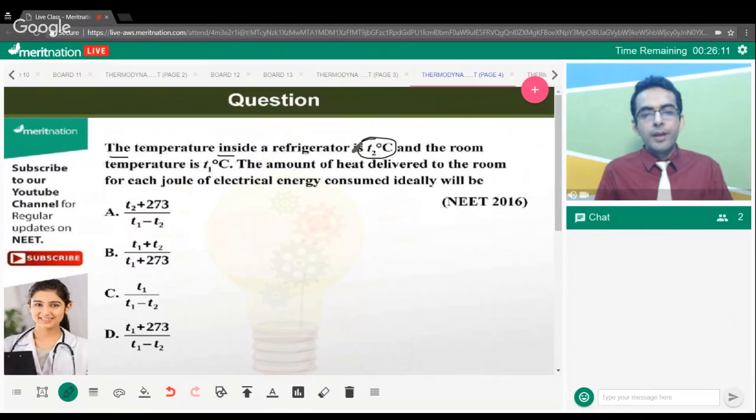So remember, whatever is placed inside the refrigerator, its temperature has to be decreased, like the case I told you of the diagram. So the sink is the temperature of the sink, and the room temperature is t1 degrees Celsius. So this is the room, the surroundings. The amount of heat delivered to the room for each joule of electrical energy consumed ideally will be.